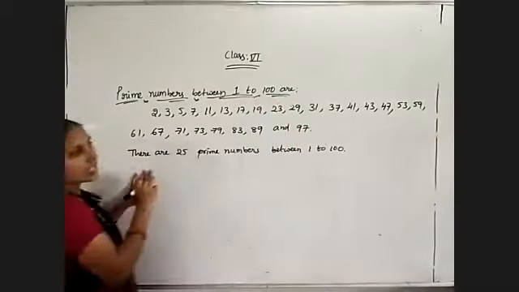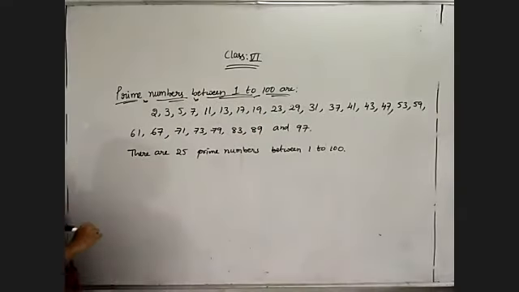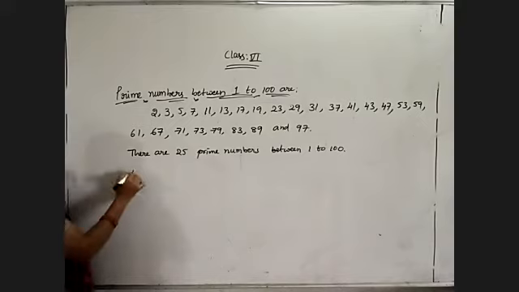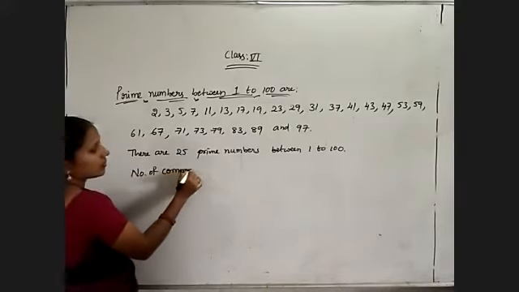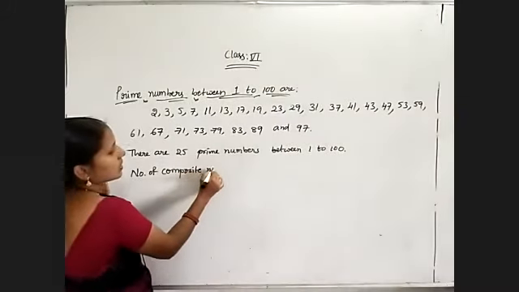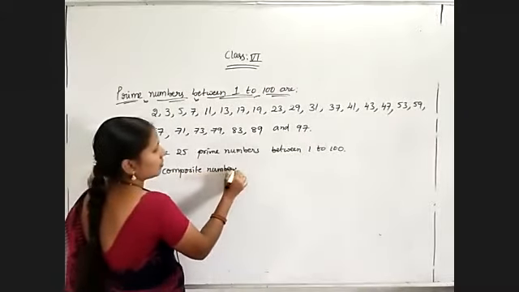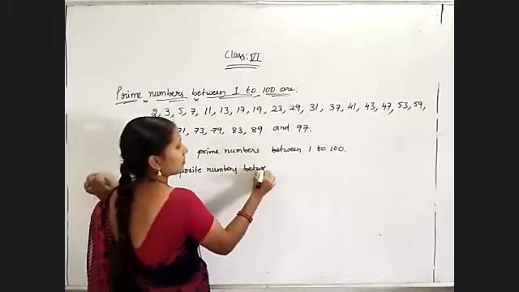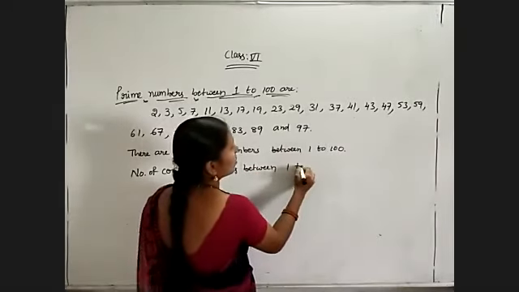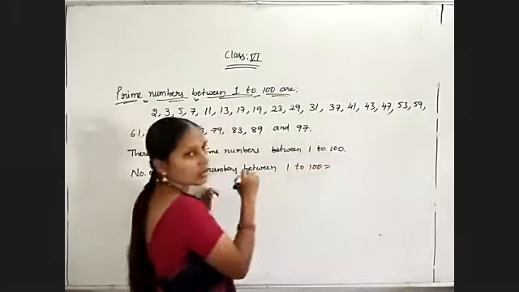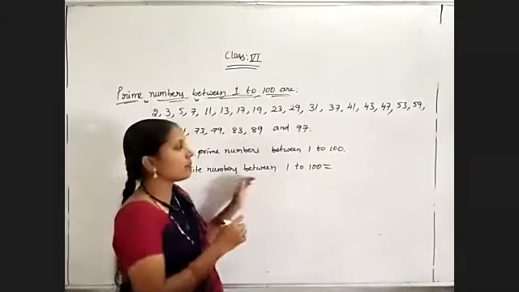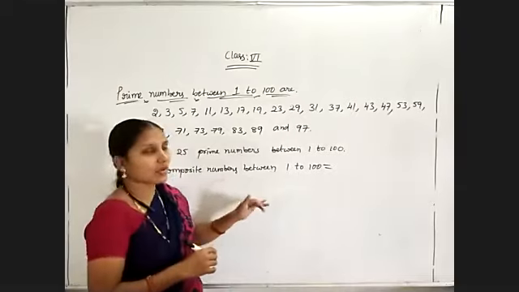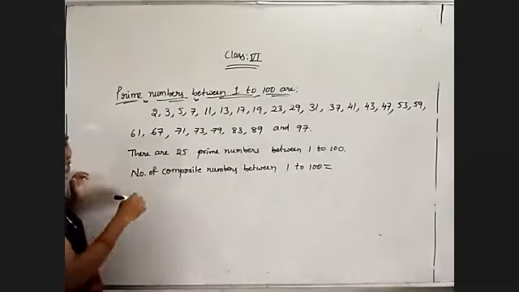And after that, how many composite numbers are there between 1 to 100? Between means b minus a minus 1, as I told you in our previous chapter on whole numbers.